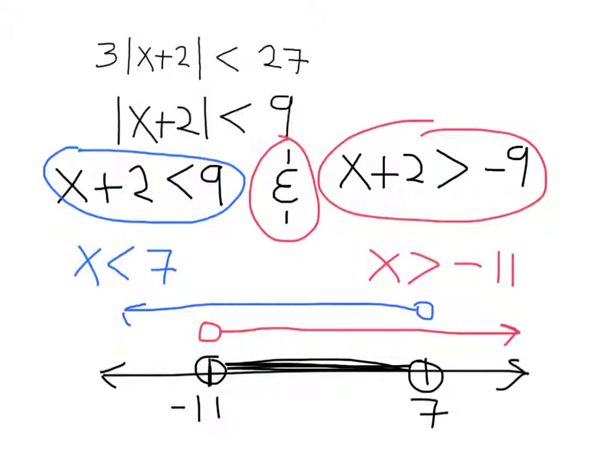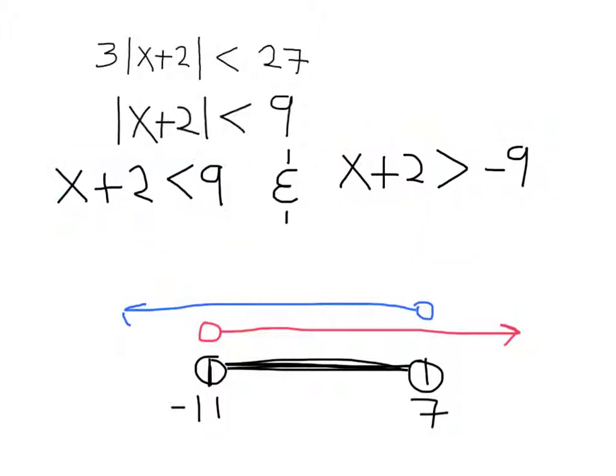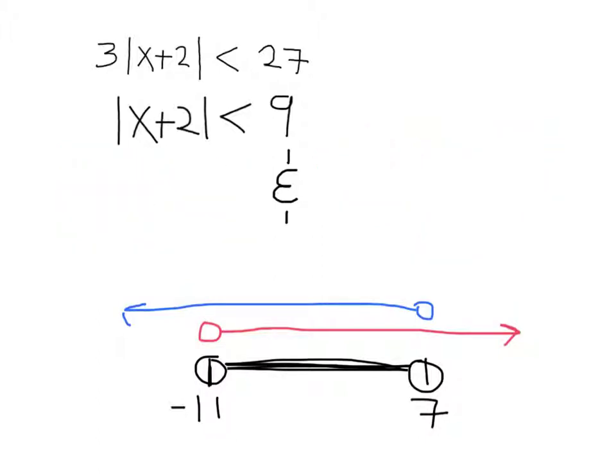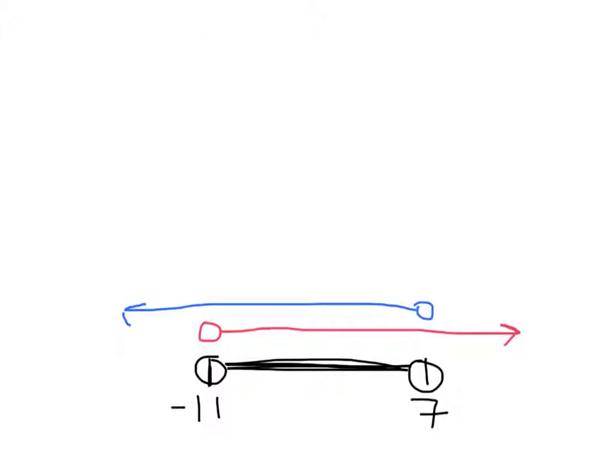Okay, so I'm going to present to you a different problem that, as you would suspect, is going to end up being an OR problem. And that would be something like this.